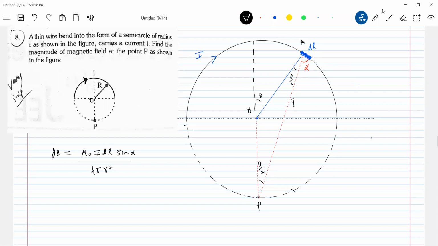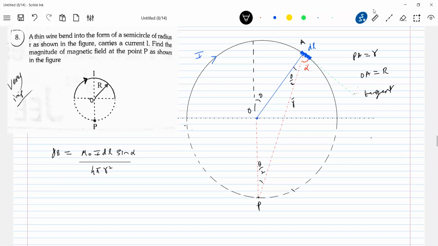PA is R, and OA is capital R. The angle between OA and this dotted line, this will be a tangent, no? A tangent drawn to the circle. So definitely, what is alpha?